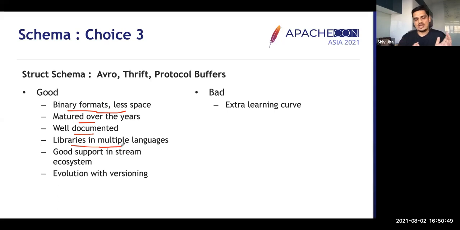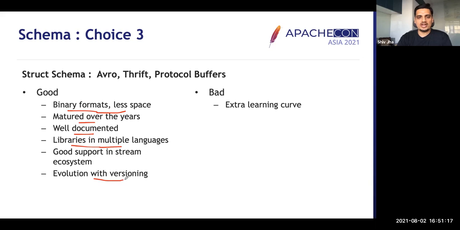Converting from Avro or Thrift or Proto to your programming language constructs, like an Avro file to Java's class file, or Java's class file to Avro's native file, is pretty easy. There are libraries available in multiple different languages, pretty much all the famous programming languages. So you can just use those and they are pretty stable.